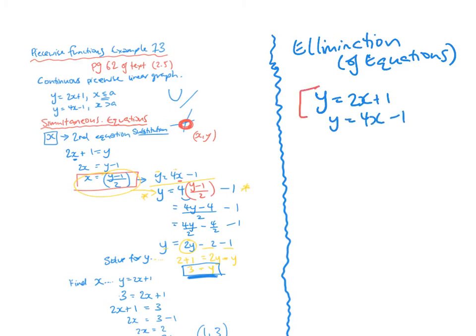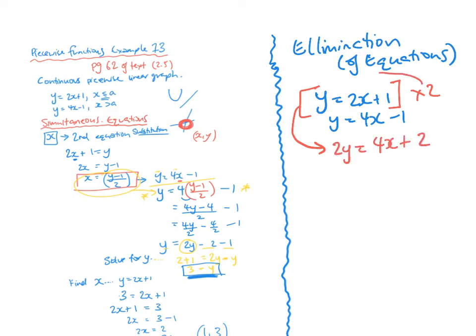If we go ahead here and double this equation, we're just going to get a doubled version of itself where the left and right sides are both doubled. So 2y is 4x plus 2.